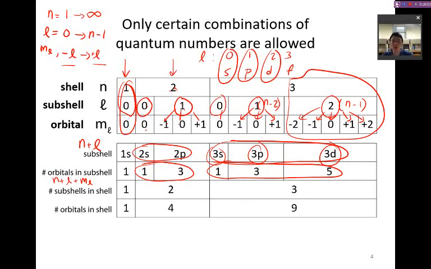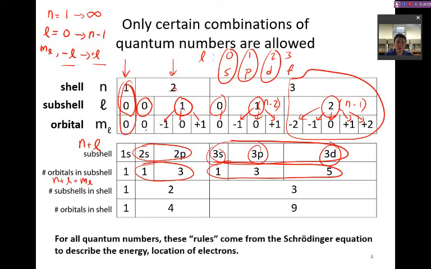Now, where do all these rules come from? Why must we follow them? Well, remember we talked about the Schrodinger equation, and that described how the wave function is related to the energy. In a similar way that you have a given mathematical function, there are solutions to that mathematical function where the function itself is equal to a certain value. Maybe it's 0, maybe it's 10, maybe it's minus 10.